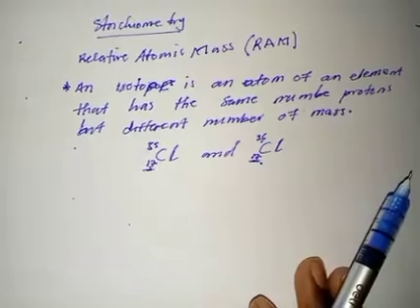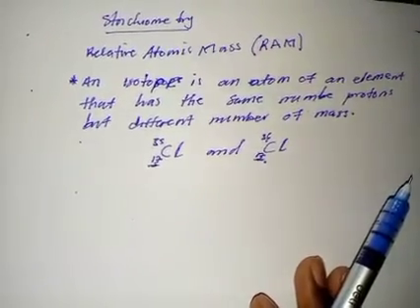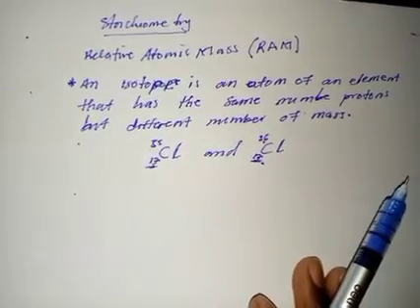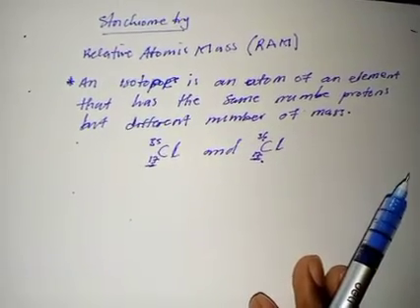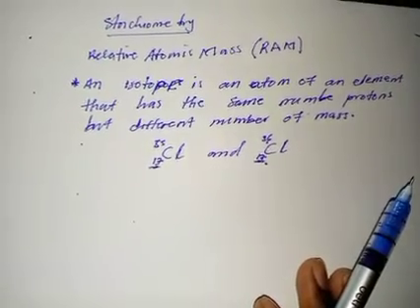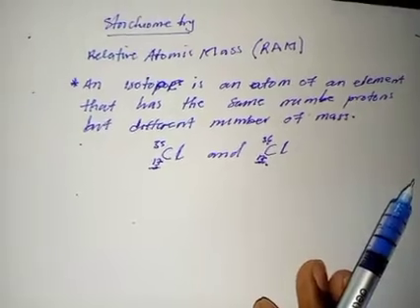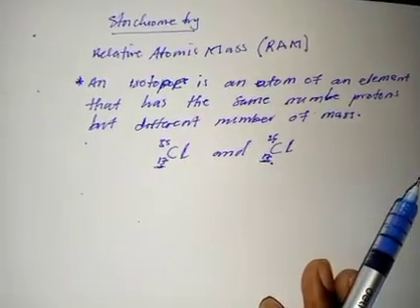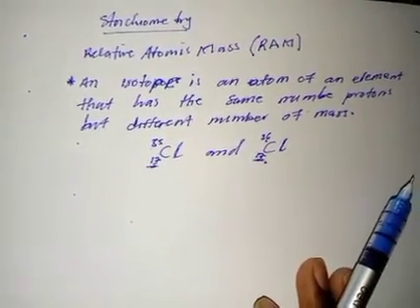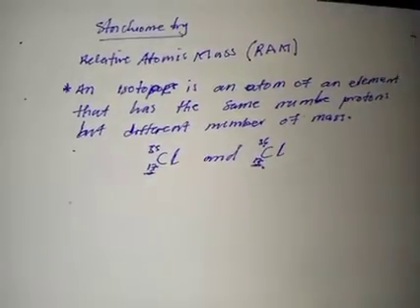We can calculate relative atomic mass when they have given us the abundances of a given element's isotopes. And if you have been given the average relative atomic mass and want to find the abundances of all the isotopes that make up the element, we are going to use two different formulas that I'm going to drop down here.